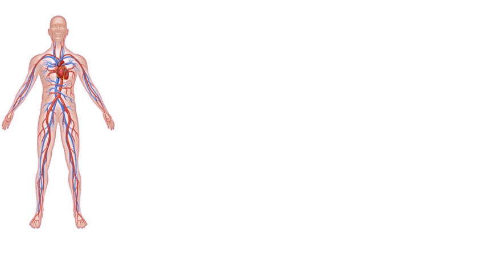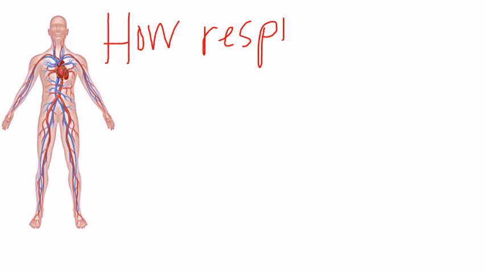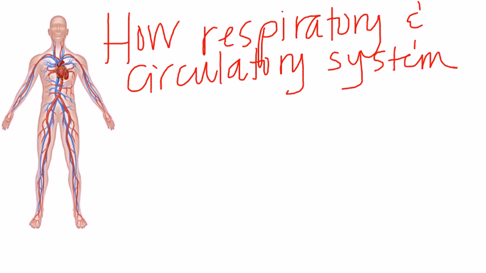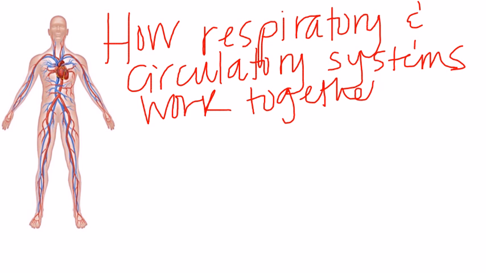Last but not least, I just wanted to make sure that we touched on how the respiratory and circulatory systems function together in the body. So how do they work together? And again, that is so important.